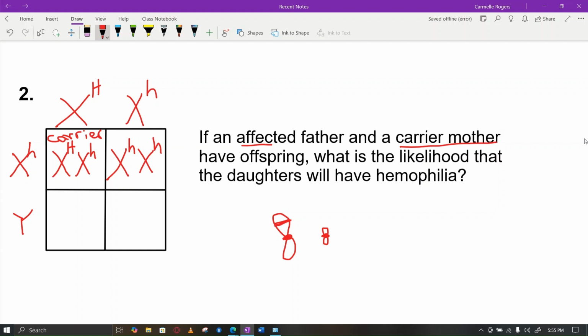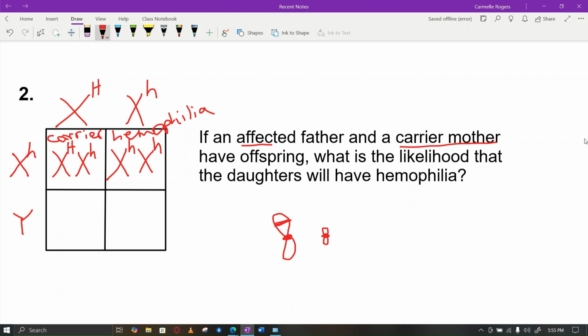And if you said that this individual would be affected and have hemophilia, you are correct. Because there are no normal copies to protect against it.